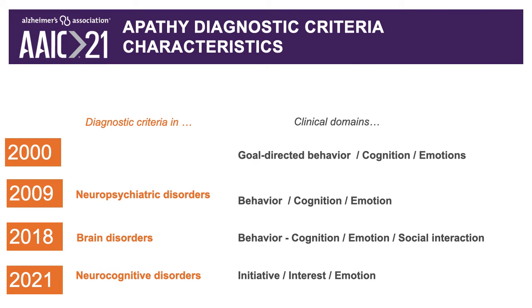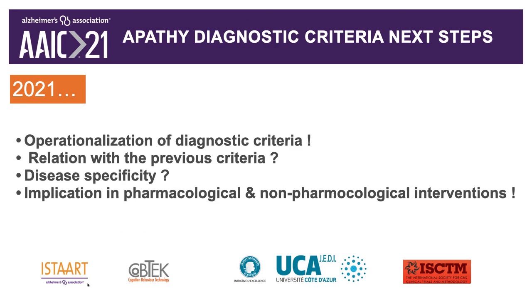To summarize, with the different diagnostic criteria of apathy, several populations have been targeted: all neuropsychiatric or brain disorders, and then more specifically neurocognitive disorders. The criteria also try to describe the clinical dimensions as best as possible. 2021 and beyond, what are the next steps?